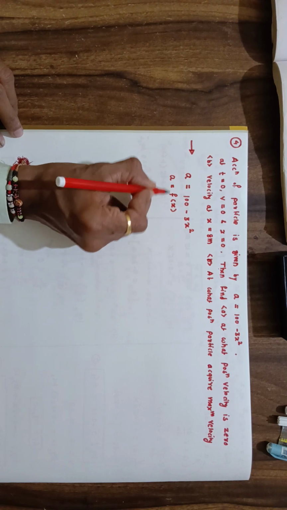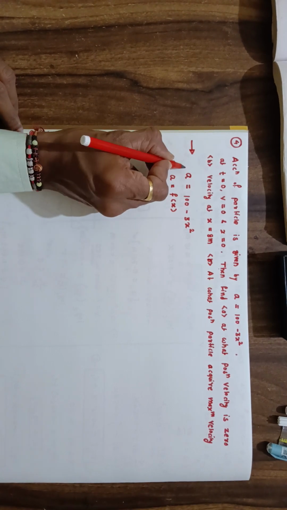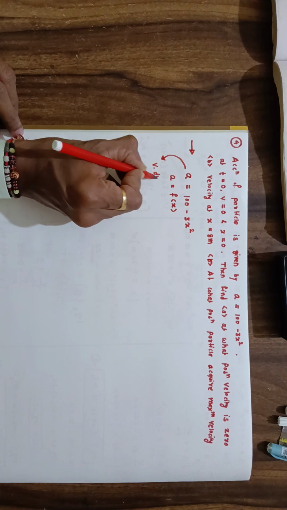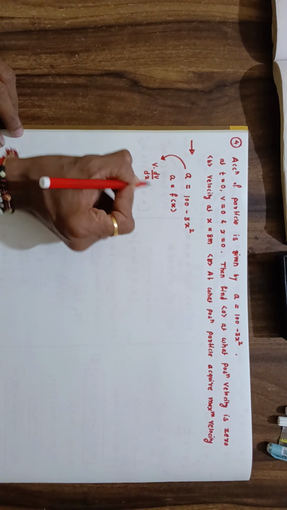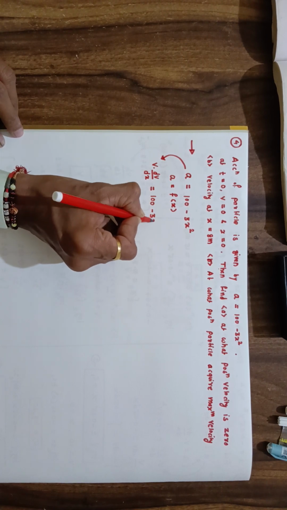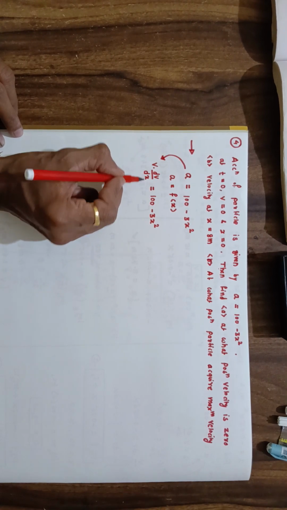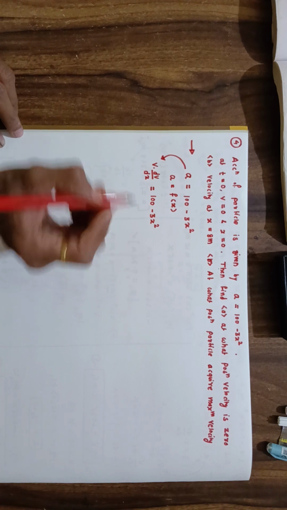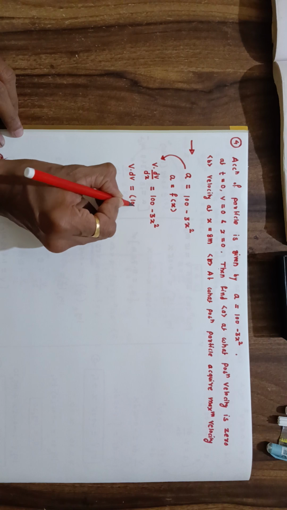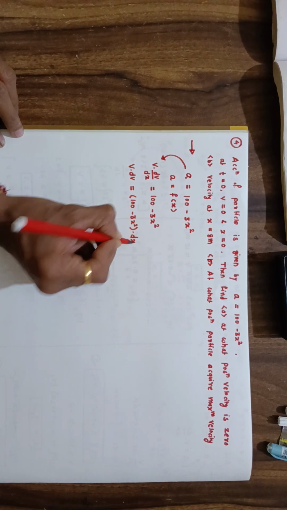So whenever acceleration is a function of x or v, replace this acceleration by the equation v into dv upon dx, and this is equal to 100 minus 3x square. Now try to separate out the variables. So just take the dx on the right side. So it is v into dv, this is equal to 100 minus 3x square into dx.